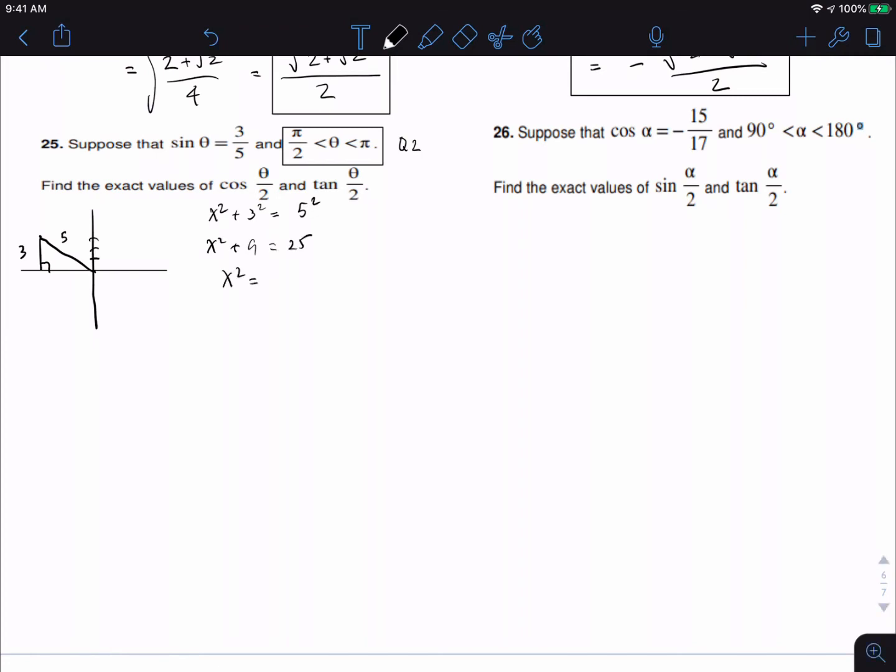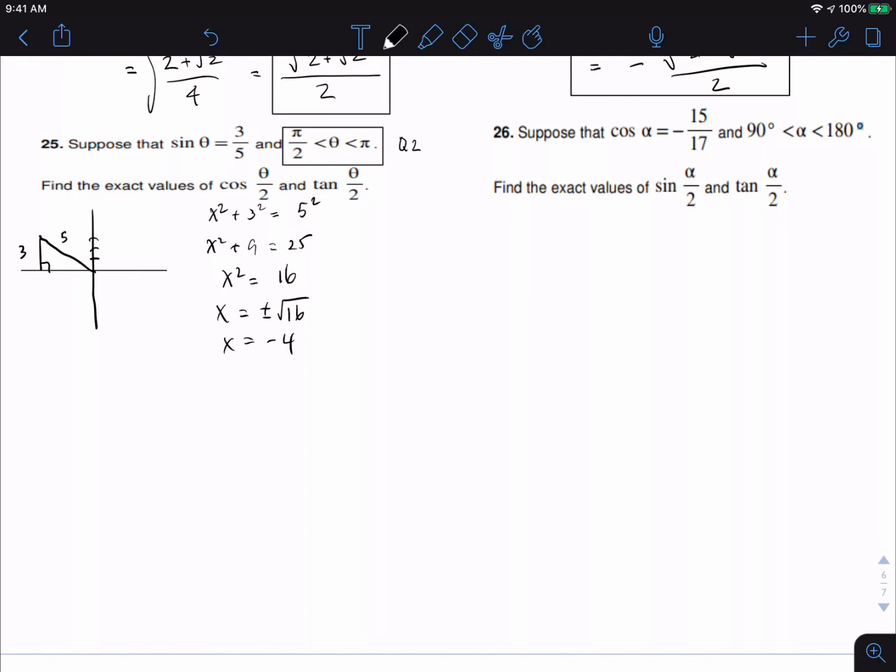And so x squared is equal to, well, I don't want to do plus minus quite yet, equal to 16. So x is equal to plus or minus square root of 16. And since we're in quadrant 2, my x should be a negative 4. Okay, so now we have that information.